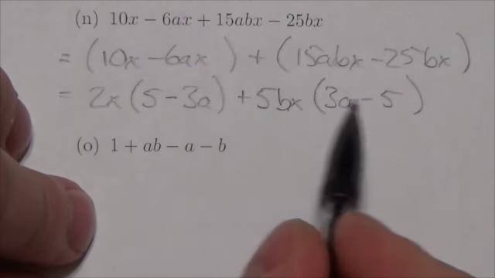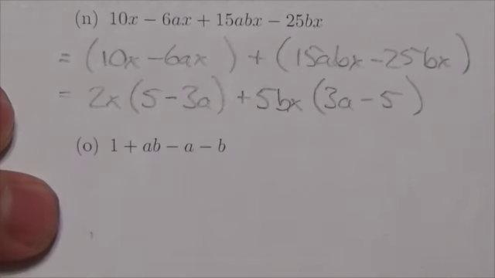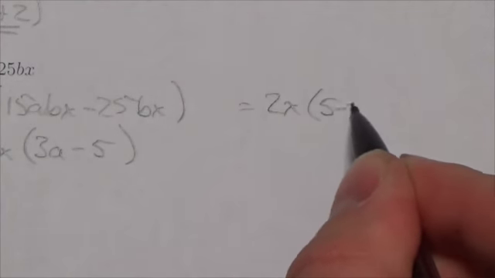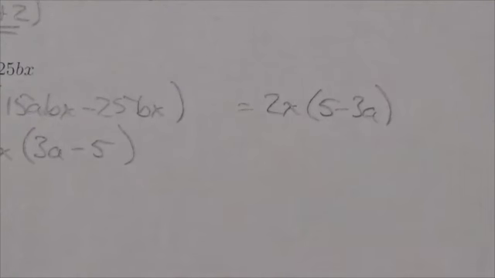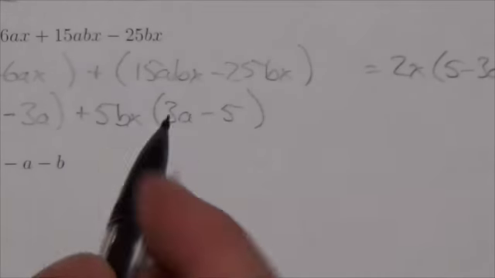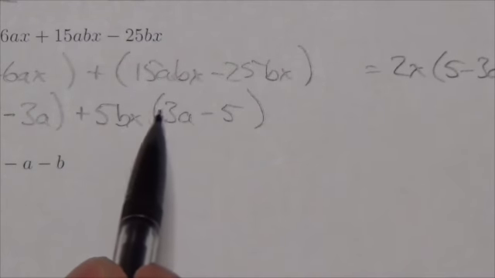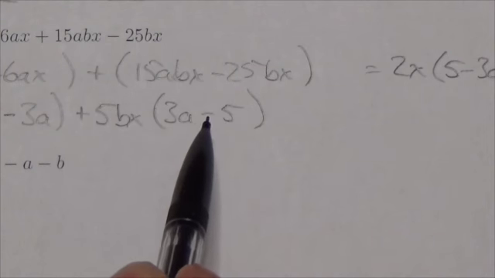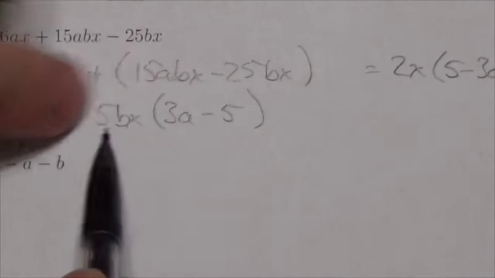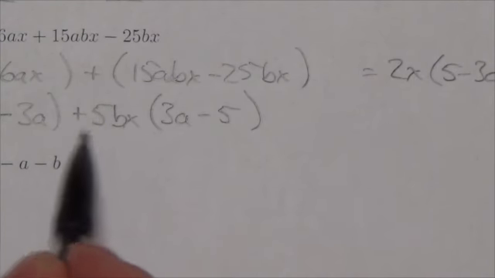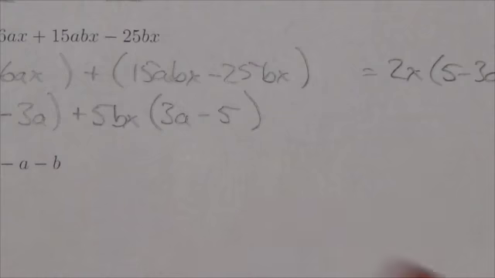Now, notice that for this second term here, I can take a negative out of this. So this would be 2x times 5 minus 3a. That's the first term. I've done nothing to that. But look at this second binomial here. I can change the sign on this to make this negative 3a and make this positive 5 by dividing out a negative. And if I divide out a negative, that means the coefficient of the term becomes negative.